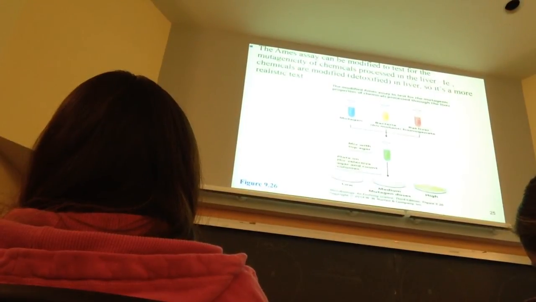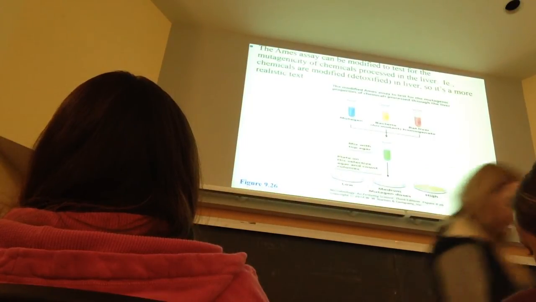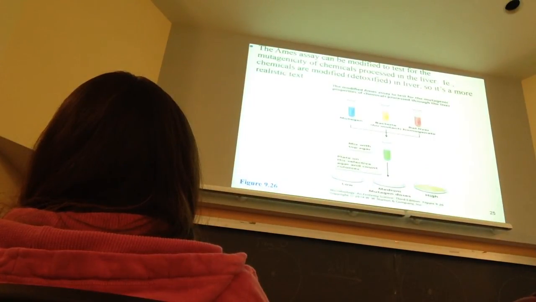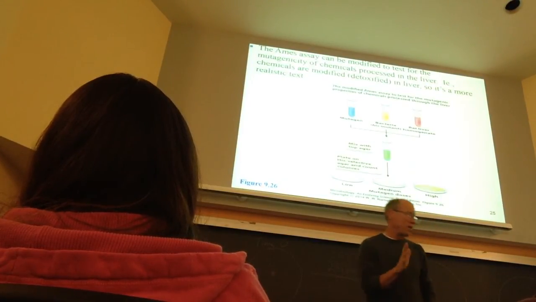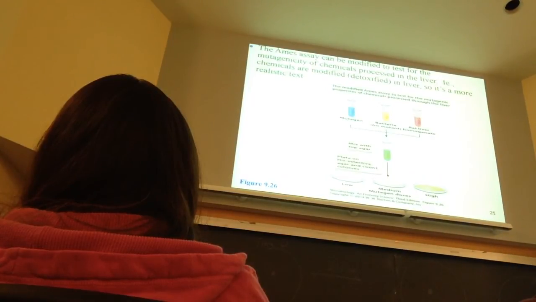So with low, medium, and high doses of a mutagen, if you still get mutations, in other words, if you still get growth of the Salmonella, then you say, okay, even our liver cannot detoxify it, and in our actual human body, even with the liver detoxification system, it still is a mutagen.